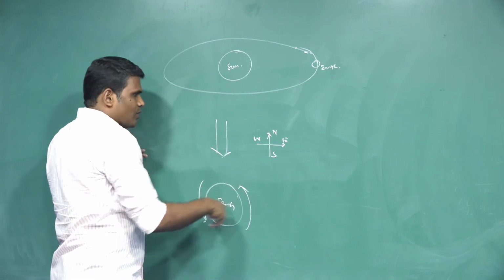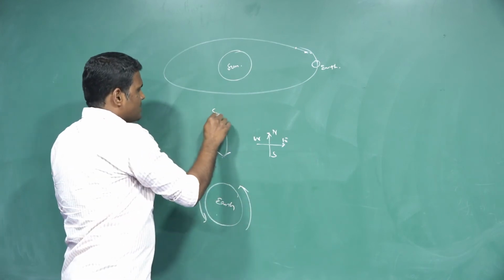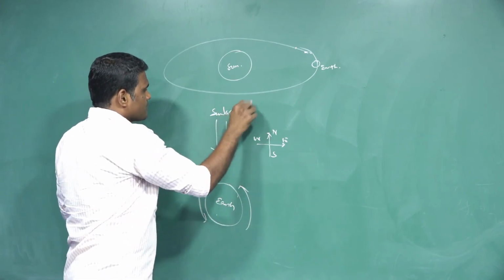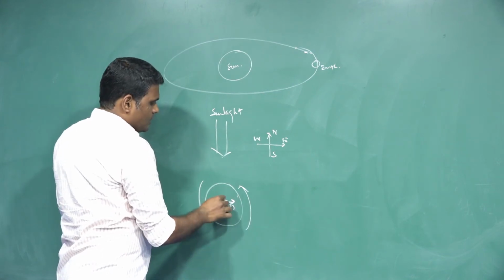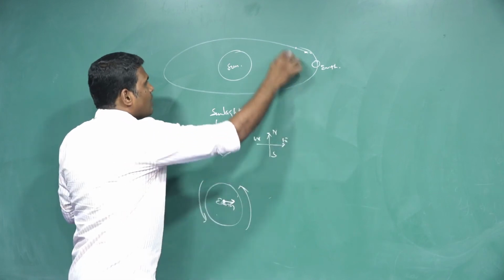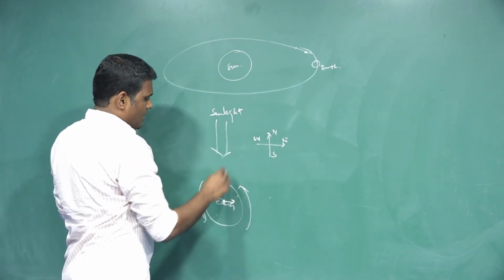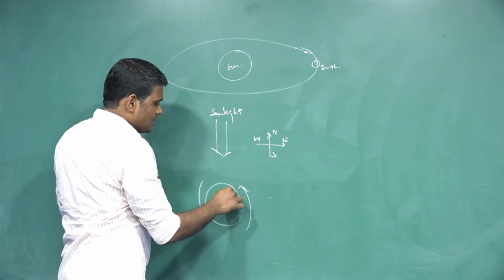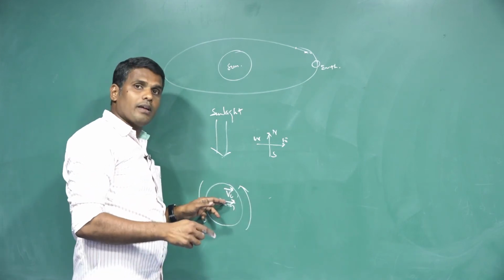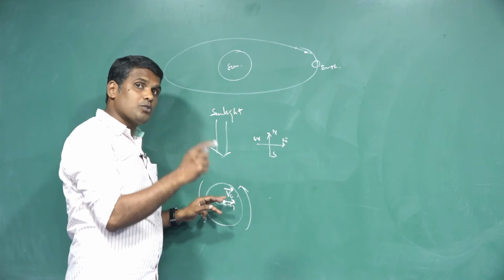Earth is rotating from west to east. This is sunlight. This is the center of Earth. Actually, with this center, the Earth is revolving around the sun in an elliptical orbit. So I can say Vc vector is the velocity with which the center of Earth is moving in the elliptical orbit with respect to sun.